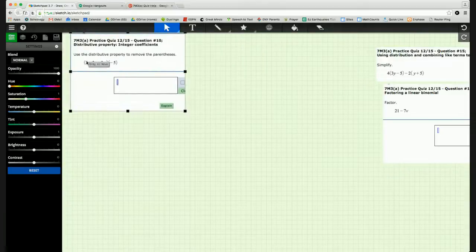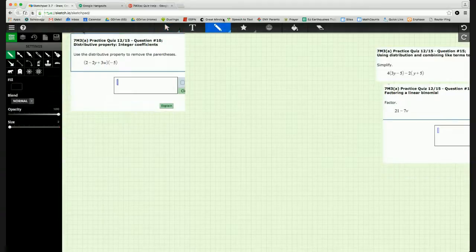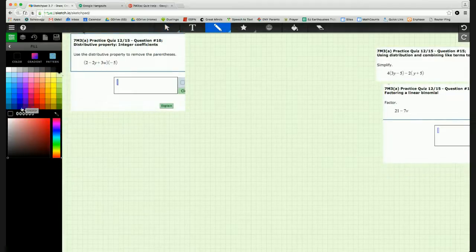And so what you notice here is that we have one number. I'm going to copy the problem first. So we have the original problem, which is 2 minus 2y plus 3w, all of that times a negative 5.